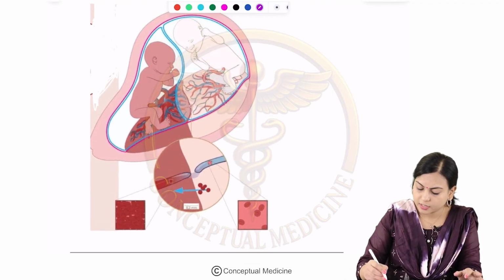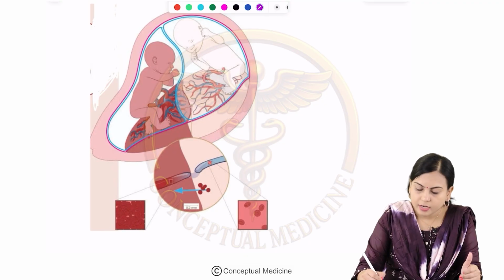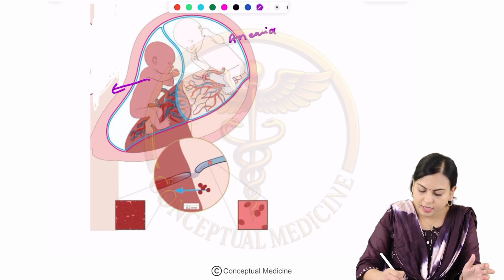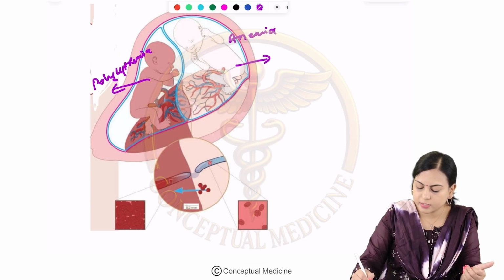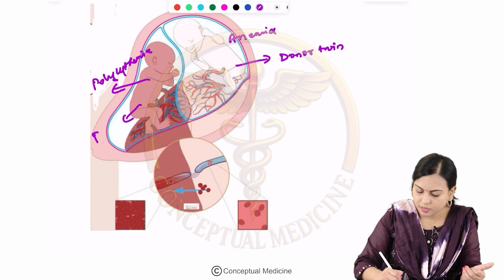So if you see this, you are able to see one fetus to have anemia and the second fetus is having polycythemia. So which will be the donor twin? Yes, this is the donor twin and this is the recipient twin.